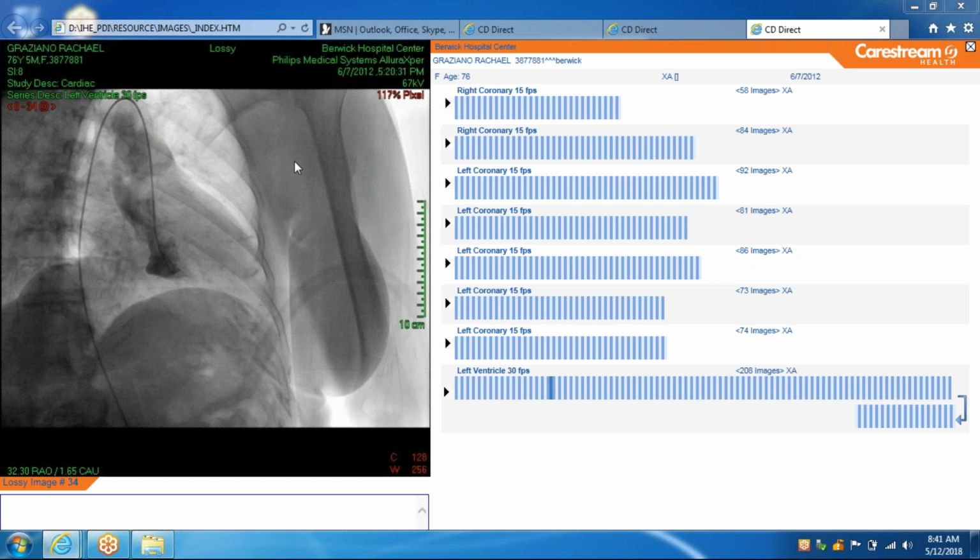So with a radial approach, you can get them up and walking readily, and you can discharge them from the hospital in a very short time. So we are moving towards more radial approach.